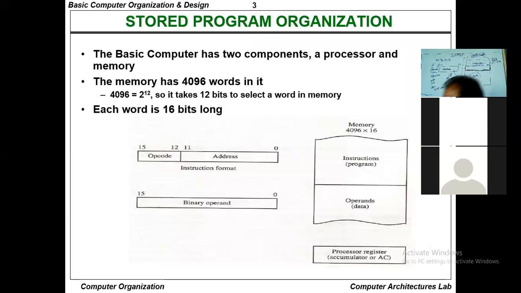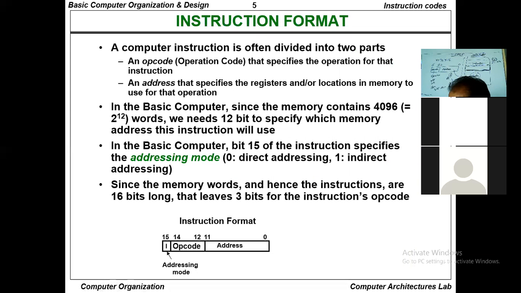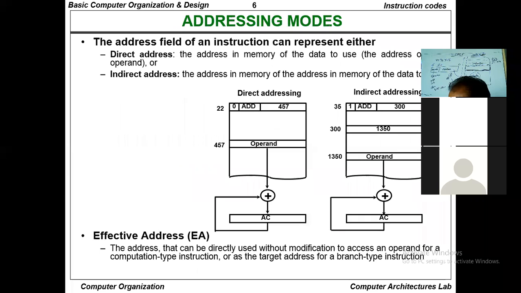अब जल्दी से एक चीज देख लो. इस फॉर्मेट को देखो. Look at this format. 0 to 15, 0 to 11 bits represent address and 12 to 15 bits represent our operation code which we are performing on data.